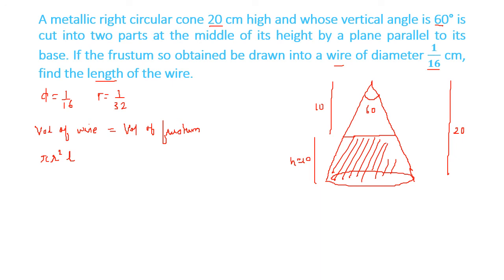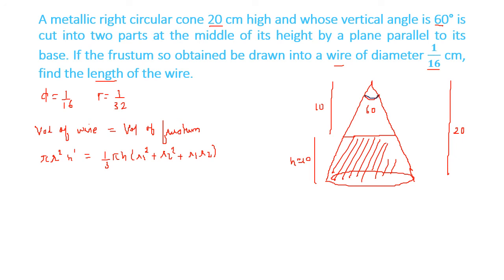That is the length of the wire, h prime. And the volume of the frustum is given by 1 by 3 pi h (r1 square plus r2 square plus r1 r2). But where is the r1 and the r2? We don't have any r1 and r2. So how will we find r1 and r2?